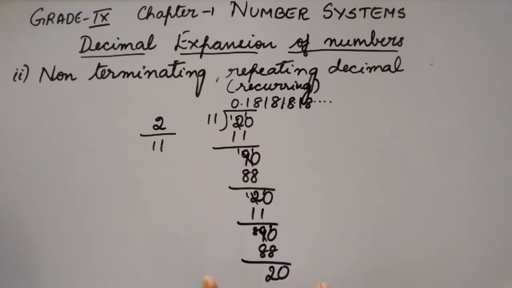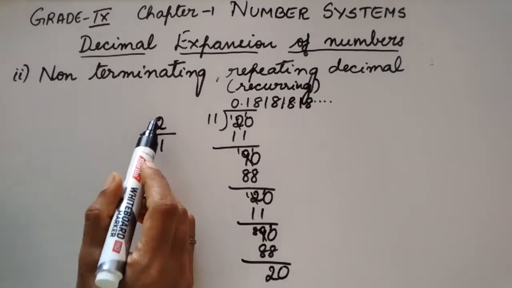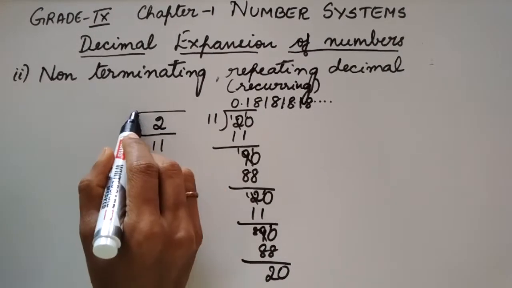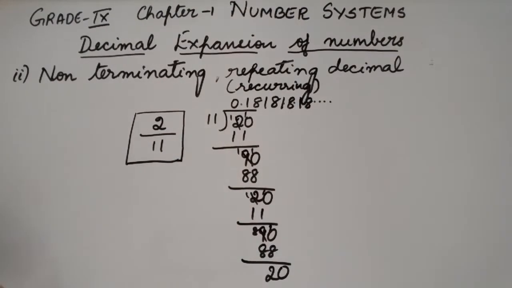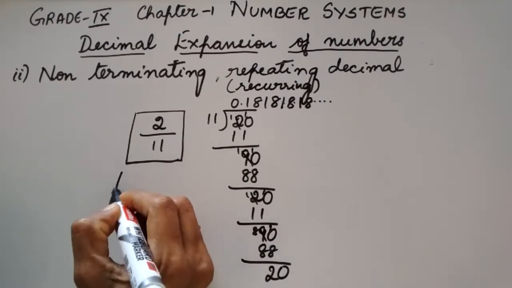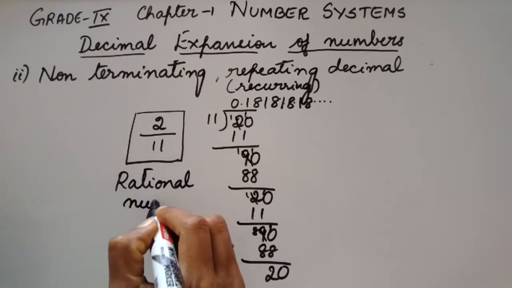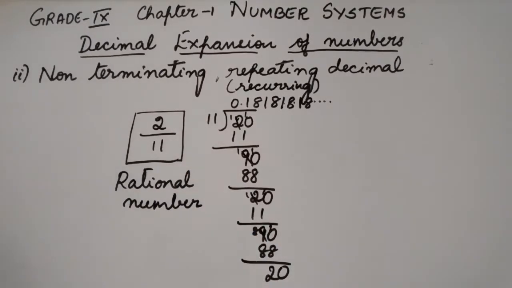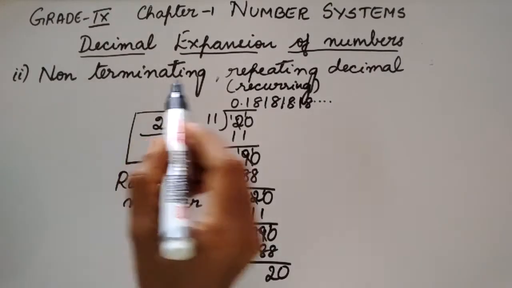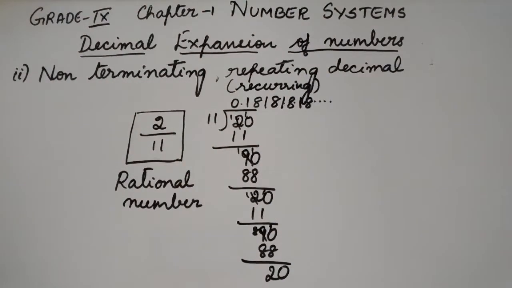So such numbers, that is 2 by 11, are called rational numbers. The terminating decimal numbers are rational numbers, and non-terminating and repeating decimal numbers are also rational numbers.